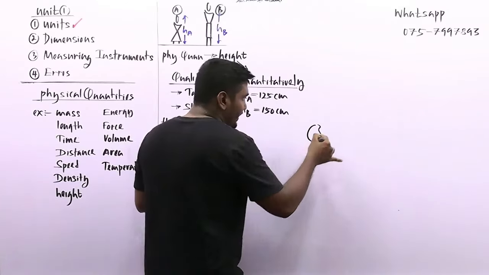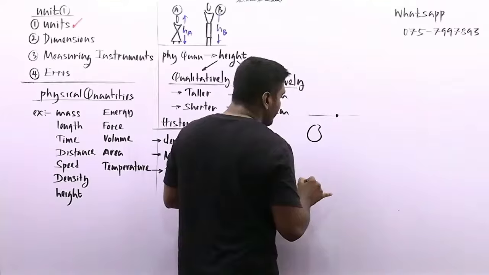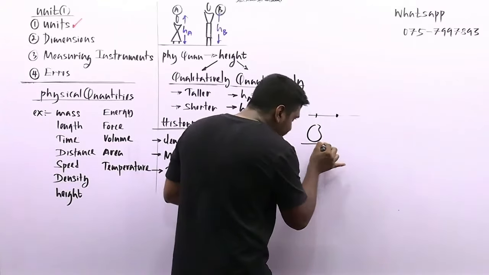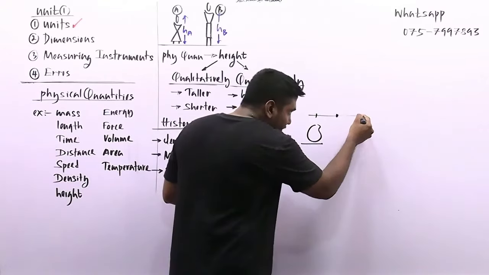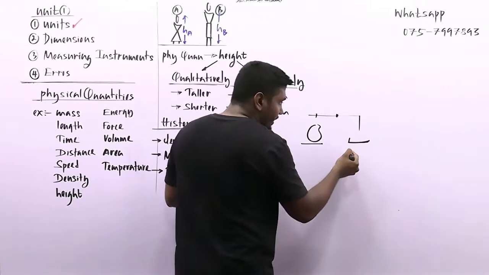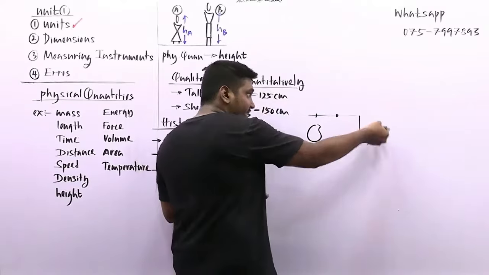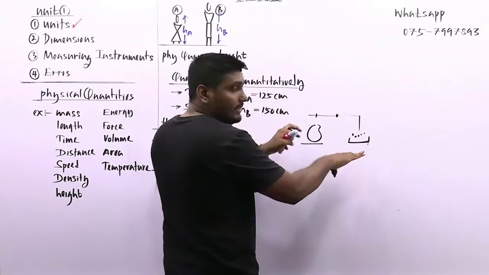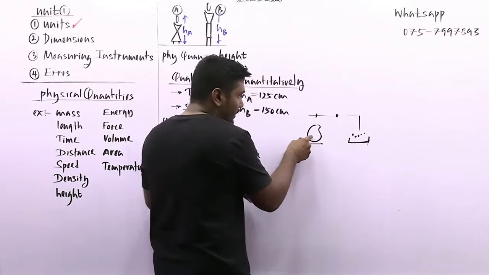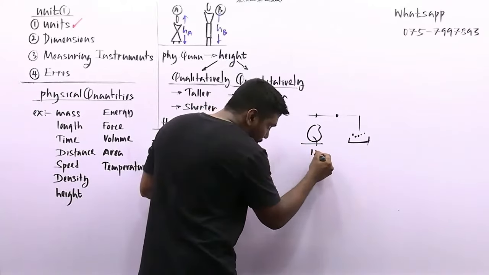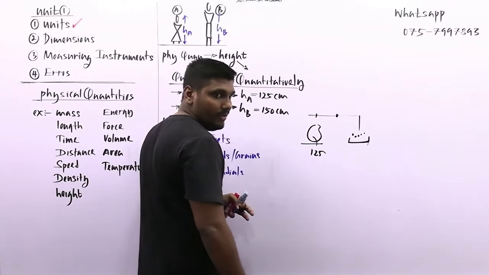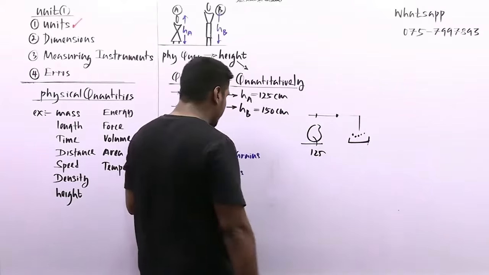So what you do, in the balance tray, one side you place this unknown mass and on the other side you place another tray. In the tray you insert seats. Based on the number of seats which tally the weight, you say this one's weight is, for example, 125 seats. That's how they used to measure the mass.